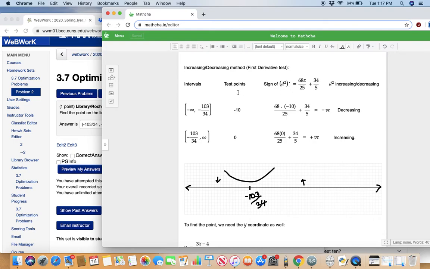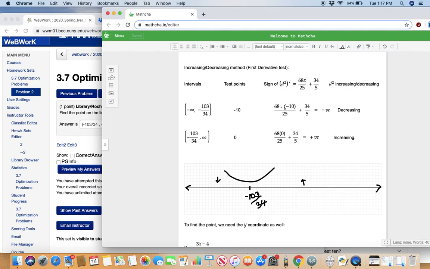So choose any test points. So from here, so look, this seems to be something like less than 3, right? Negative 3. So why don't I take something far away? I chose negative 10. Now this being a negative number, I'm taking somebody to the right. I choose 0. Why do I choose these numbers? So that the calculation is easy. So negative 10, if I plug in my derivative expression, x is negative 10.